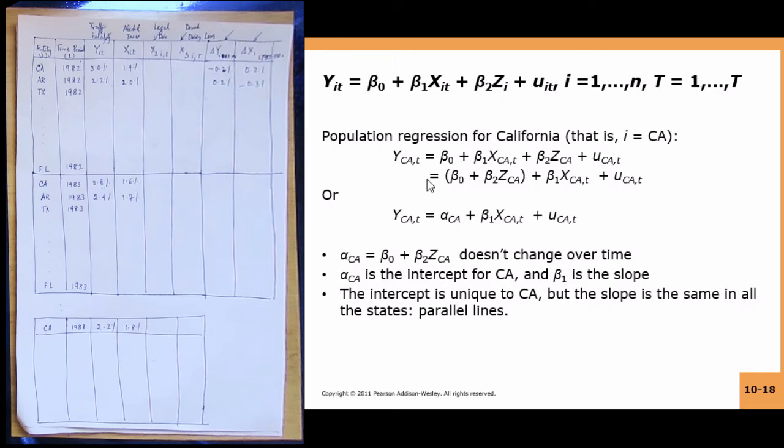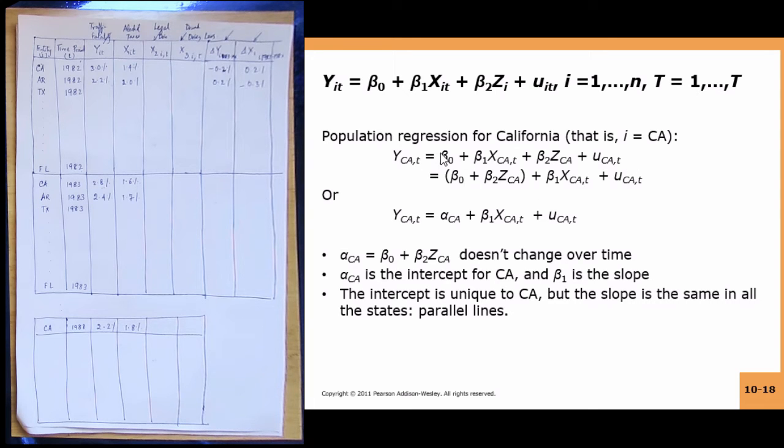So yCAt is equal to beta 0 plus beta 1 xCAt plus beta 2 zCA plus uCAt. So in some sense, this is like time series data for California. You have data for 1982, 83, 84, 85. So it is like one entity you are following through time.